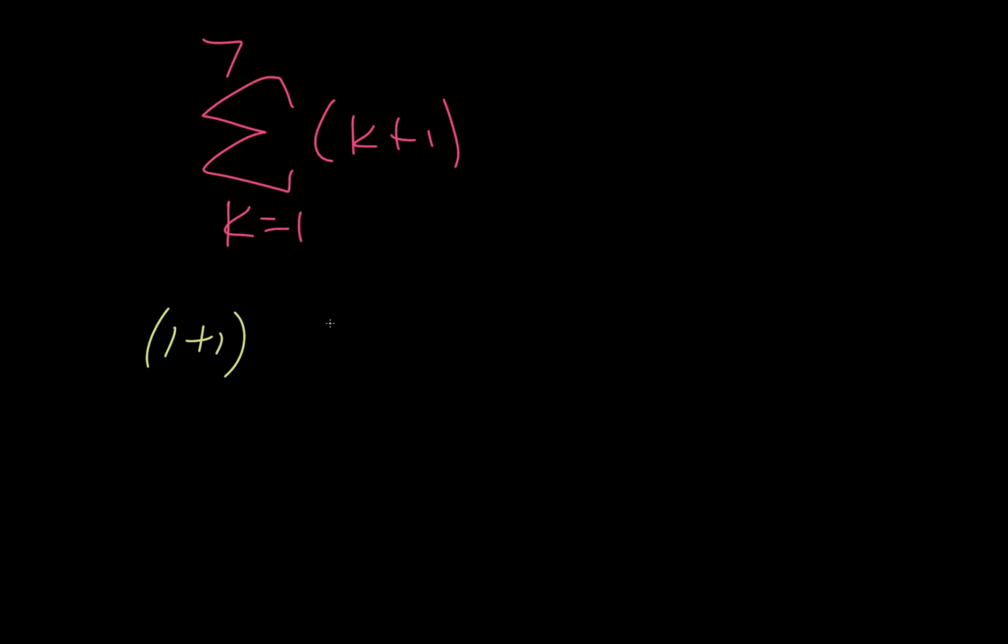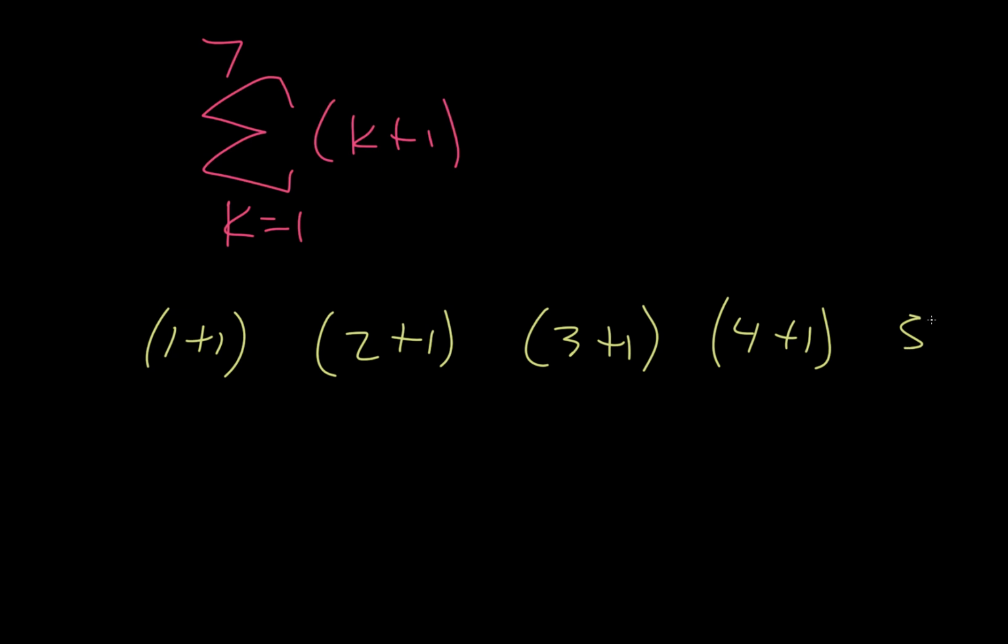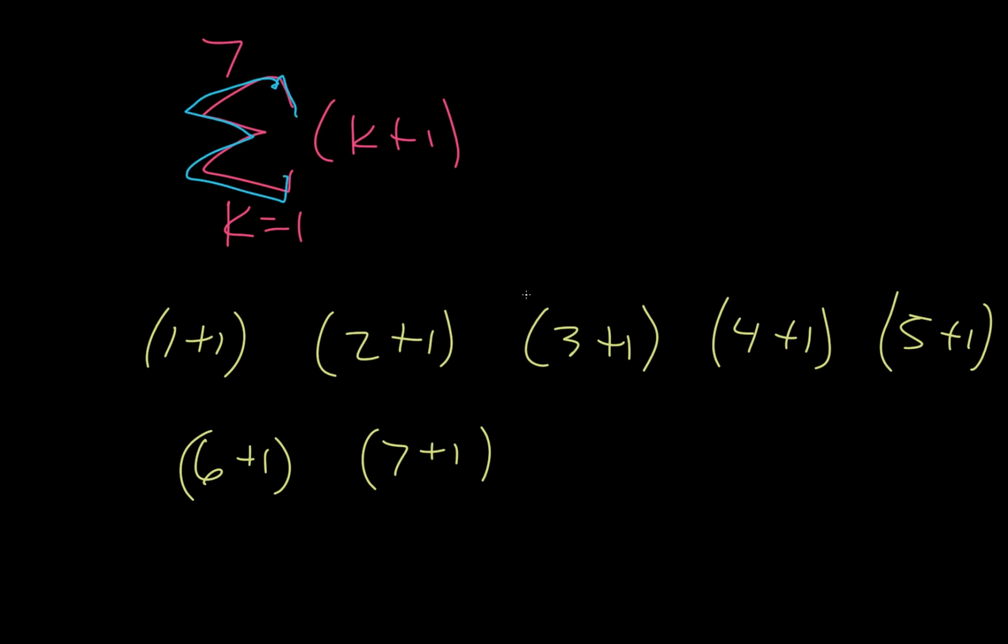Then we plug in a 2, so we get 2 plus 1. Then we plug in a 3, then a 4, then a 5, then a 6, and then a 7. And then this symbol tells us to add all those together.